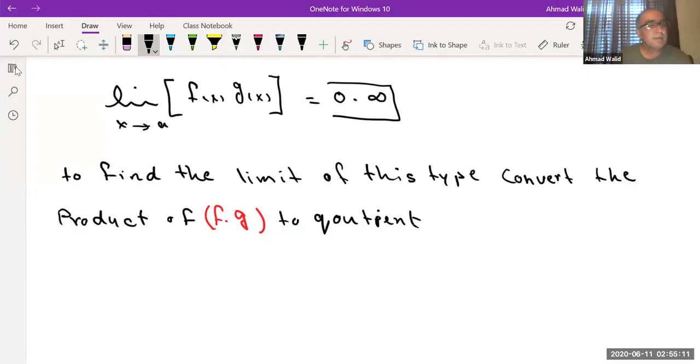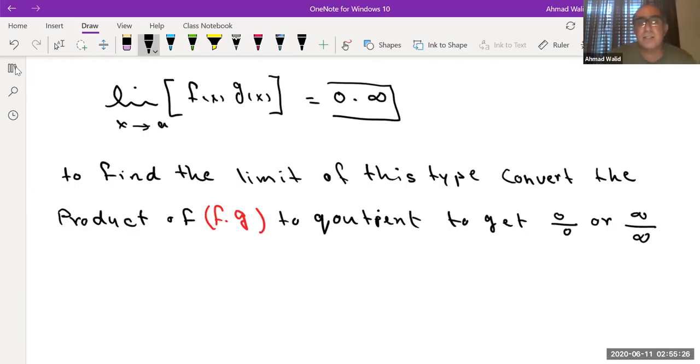Easy. To quotient, it means what? Why change to quotient? To get 0 over 0 or infinity over infinity.